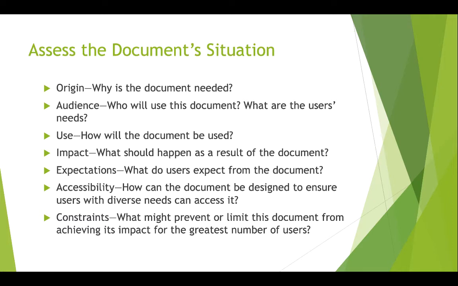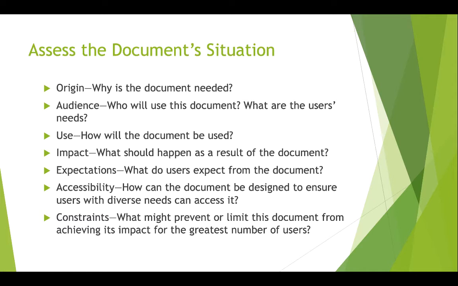Also, use and impact. How will the document be used? Will a user flip through it really quickly and then put it away? Or will the user read it very carefully, word for word? And then also what should happen as a result of the user reading the document.